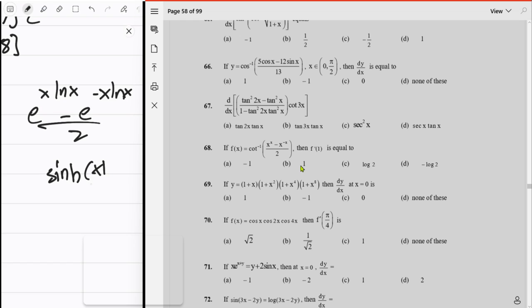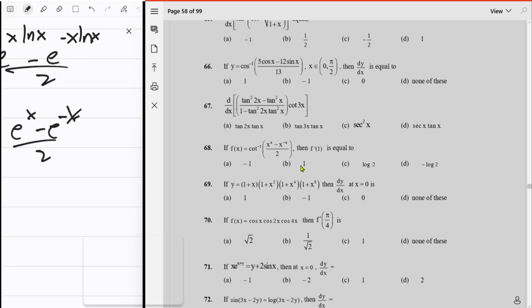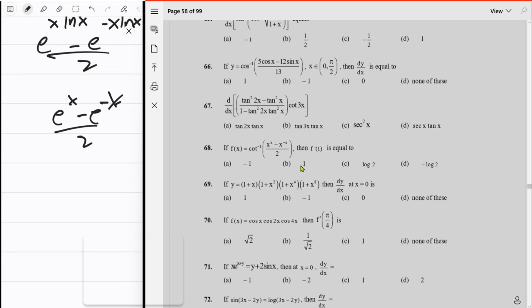Okay, I don't think you know that, but yeah, the thing is like the derivative of this function. So like the derivative of e power x minus e power negative x upon 2, this function is called sine h of x, and the derivative of that is cosine h of x, which is this function. I mean, that's actually pretty obvious, right?